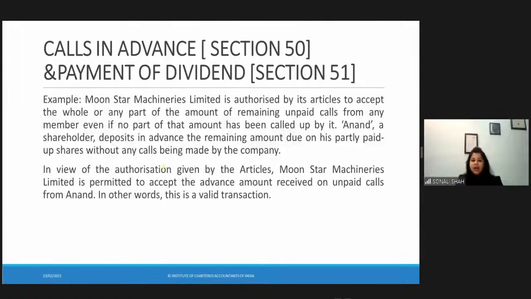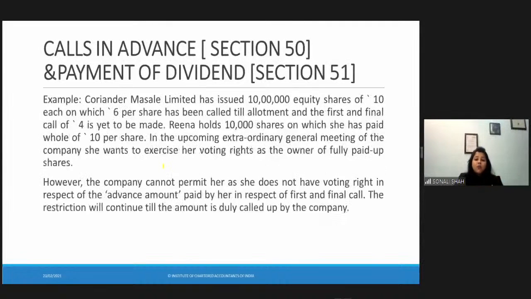Anand deposits the advance remaining amount due on his shares. Because it was authorized, the company is permitted to accept the advance amount, and this will be a valid transaction, right? But the voting right will be restricted only to the amount that has been called for. Is that clear?